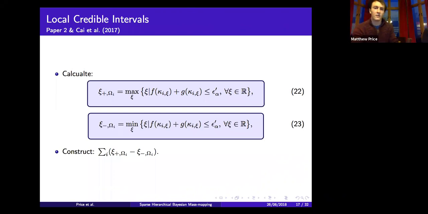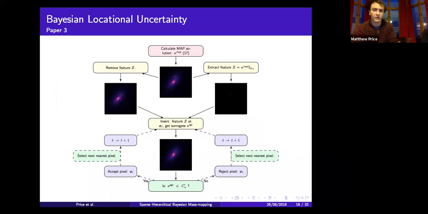Okay. So then a third form of uncertainty quantification that you might want to do is finding the locational uncertainty of some reconstructed feature. So let's say you reconstructed some convergence map and you have some peak. And you want to know, okay, where could this peak have been located? So it's fairly straightforward. What you would do is you remove that peak from the map. Obviously, you have to make sure that you remove it in the correct way, but the details are in the paper.